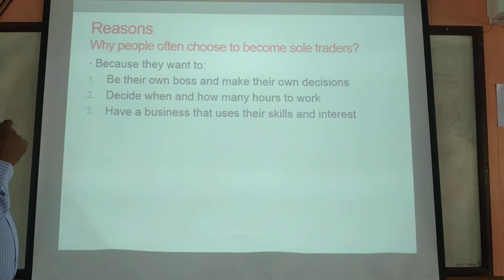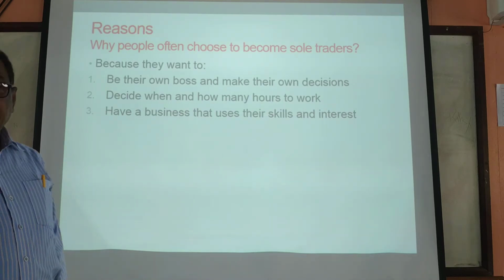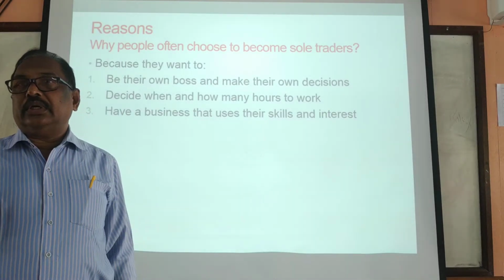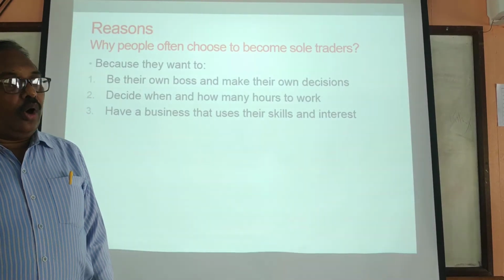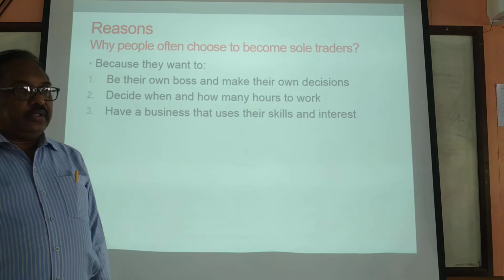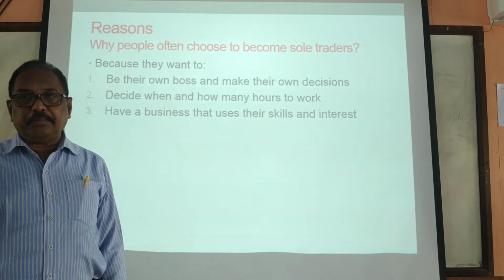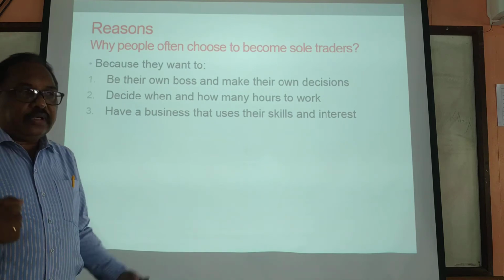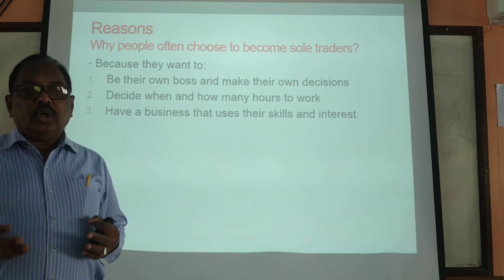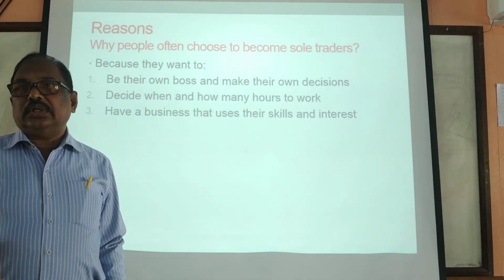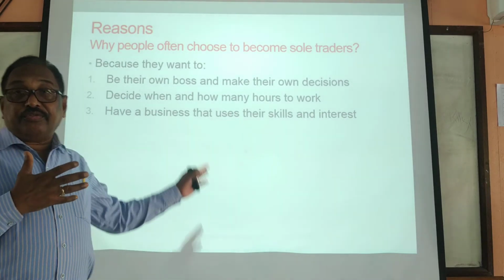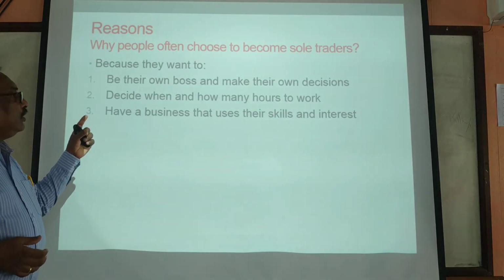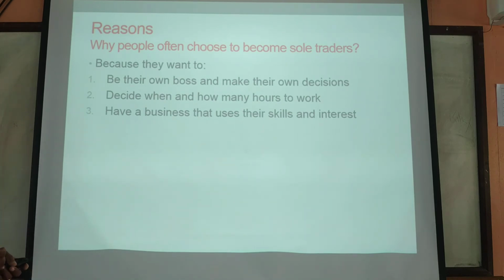That is why they want to run as sole traders. They want to decide when and how many hours to work. If anybody is working for an office, they need to work for a certain period of time. But in this sole trader business, he has his own will how much time he wants to work in his business. That is the freedom he has. That is why people choose to become sole traders.